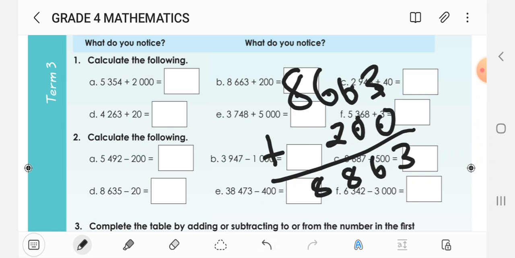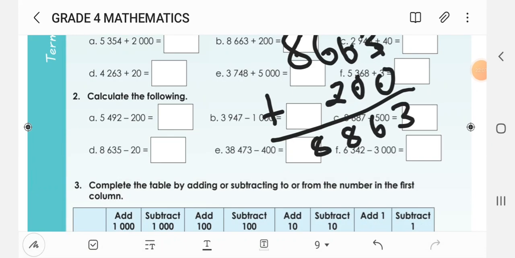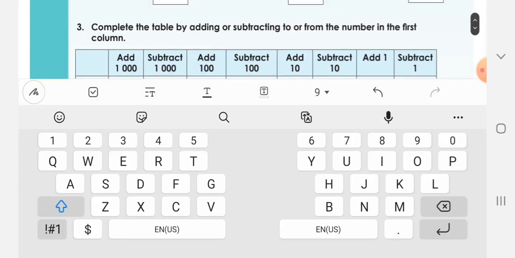And that is the answer for number B. So you will do the rest. You have to add and subtract them. Okay, so yes, you can do that one.